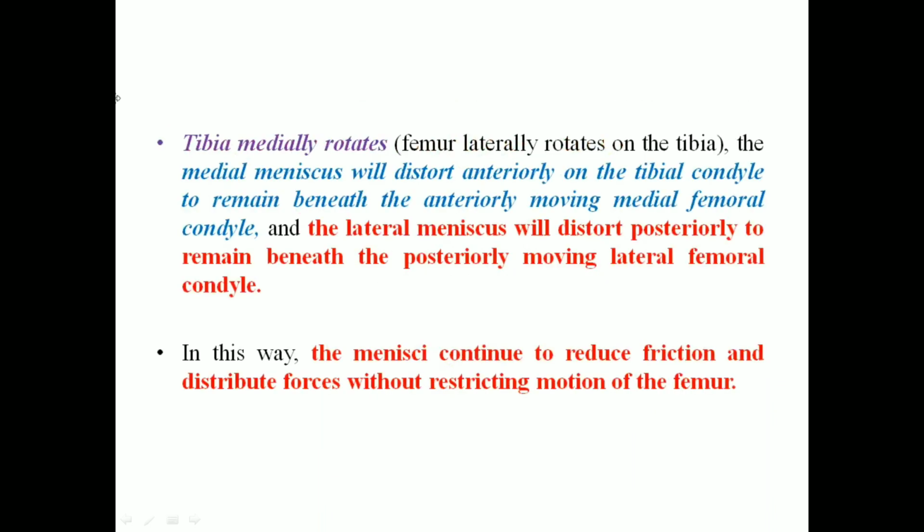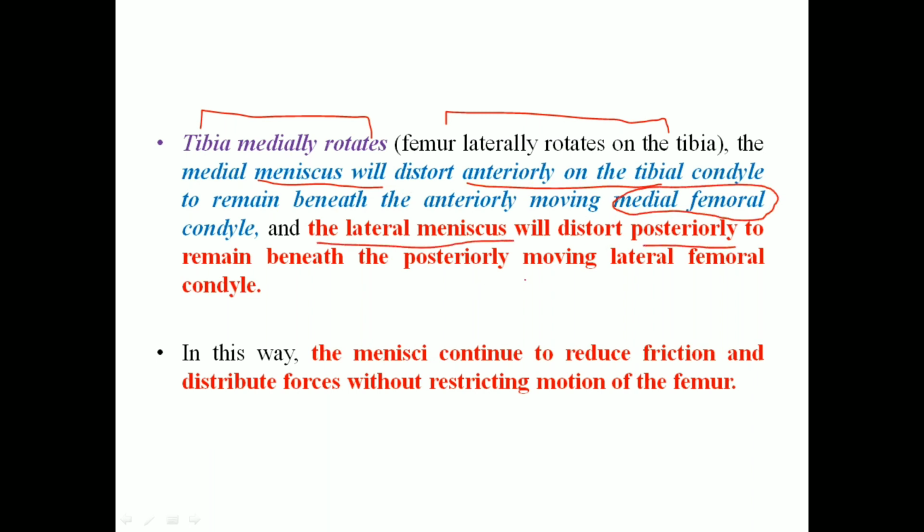So this is the same thing that they have explained. When the tibia goes for medial rotation, the femur goes for lateral rotation. So the medial meniscus will go anteriorly on the tibial condyle and it will be just below the medial femoral condyle to reduce the friction. And our lateral meniscus will go where? Posteriorly, to be just below the lateral femoral condyle.